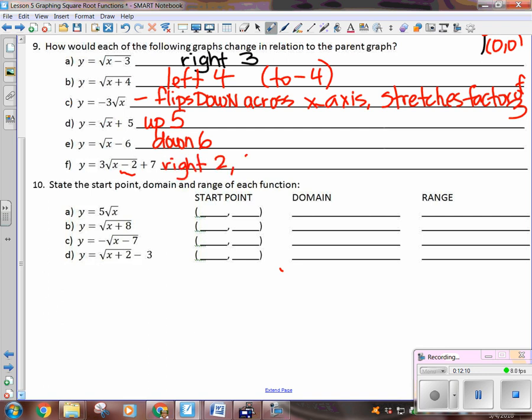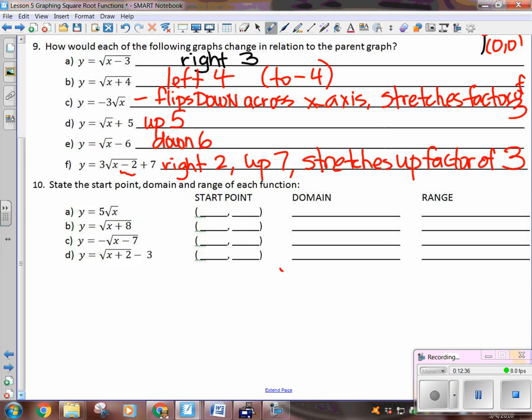Right 2, up 7, stretches up, factor of 3. Right 2, up 7, stretches up, factor of 3. It's like we're specifically narrowing in on talking about square root graphs.